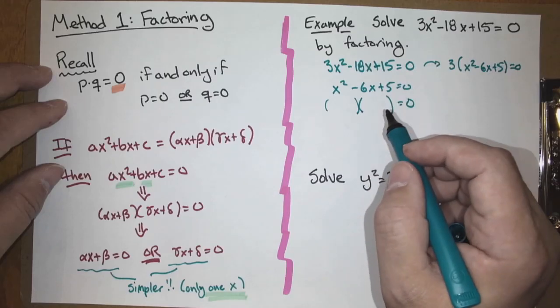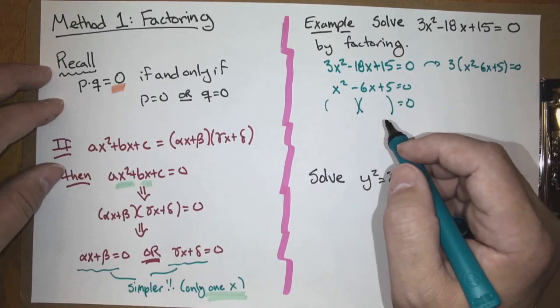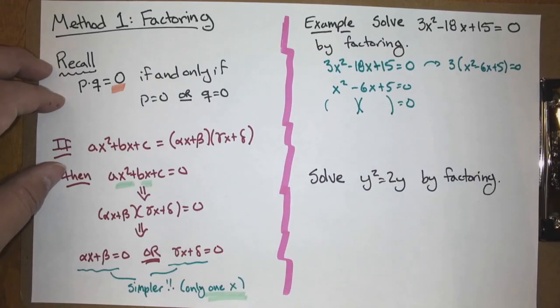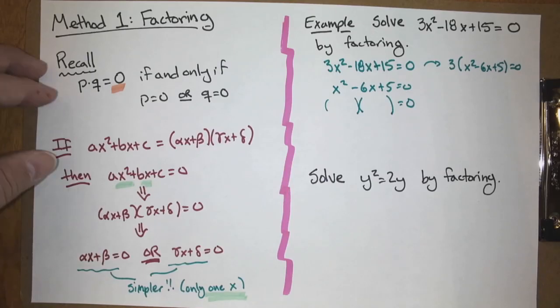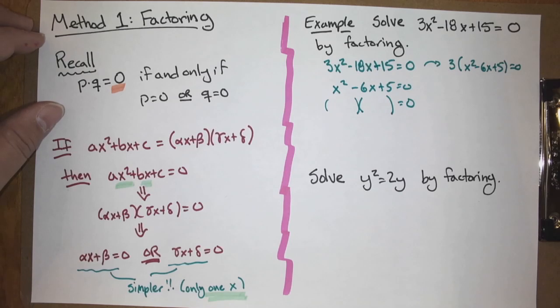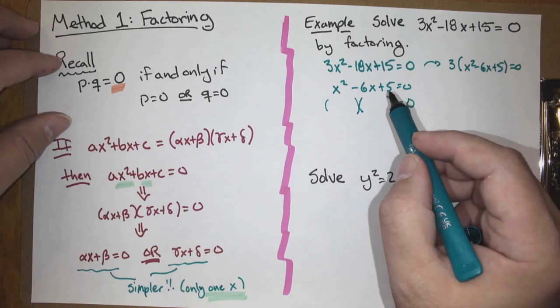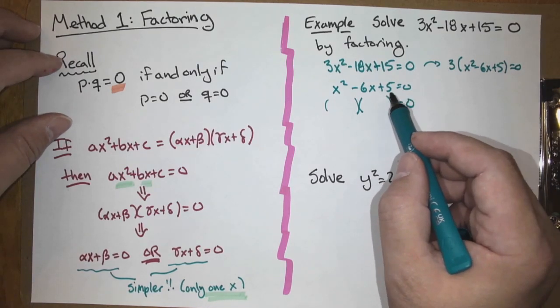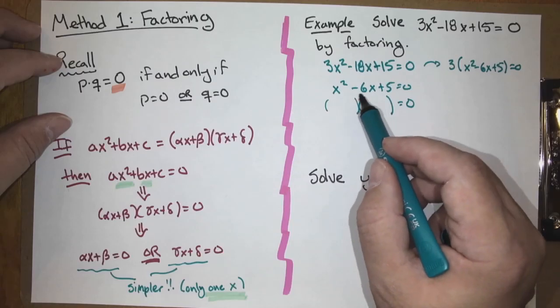And there's lots of ways to learn to factor. There's ways we talked about. But any way that you know how to factor, that's great. So for me, I focus on, I need two things that multiply to 5, but add to negative 6.